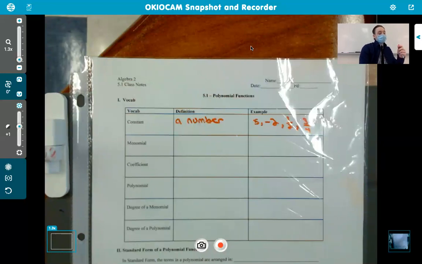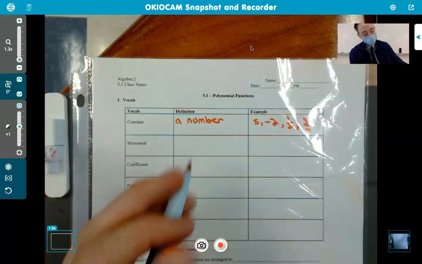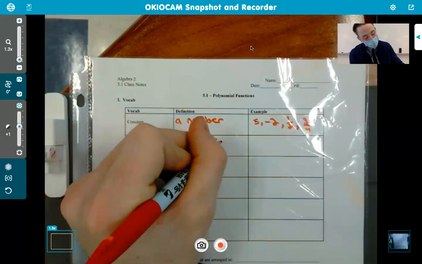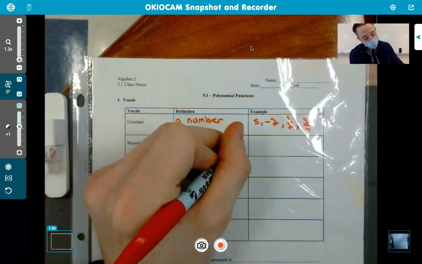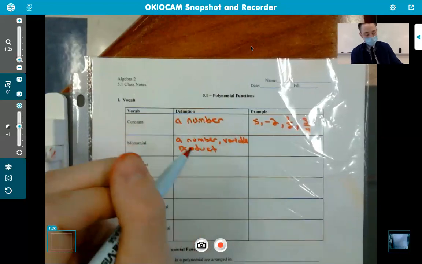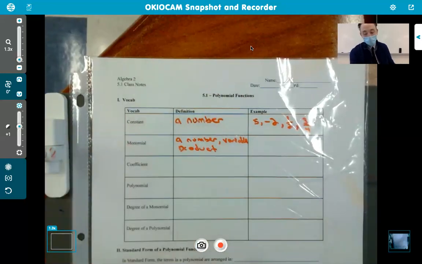Next term we have is a monomial. What does that prefix mono mean? 1. Test everybody's English skills today. Mono means 1. So a monomial is just one term. It's going to be a number and a variable and the product of those things. Okay.